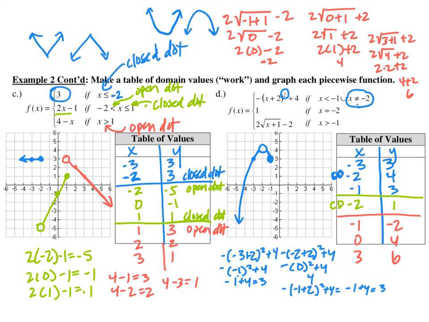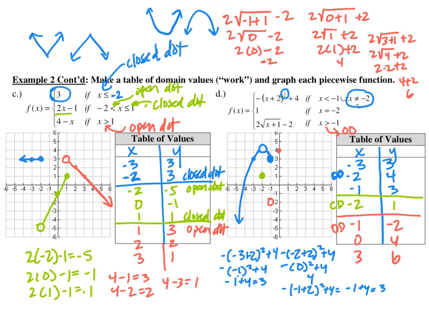Alright, so now let's move to the green section. So I have -2, 1, and that's a closed dot. And then I have the red section left. I have an open dot here at -1, -2. And then 0, 4.